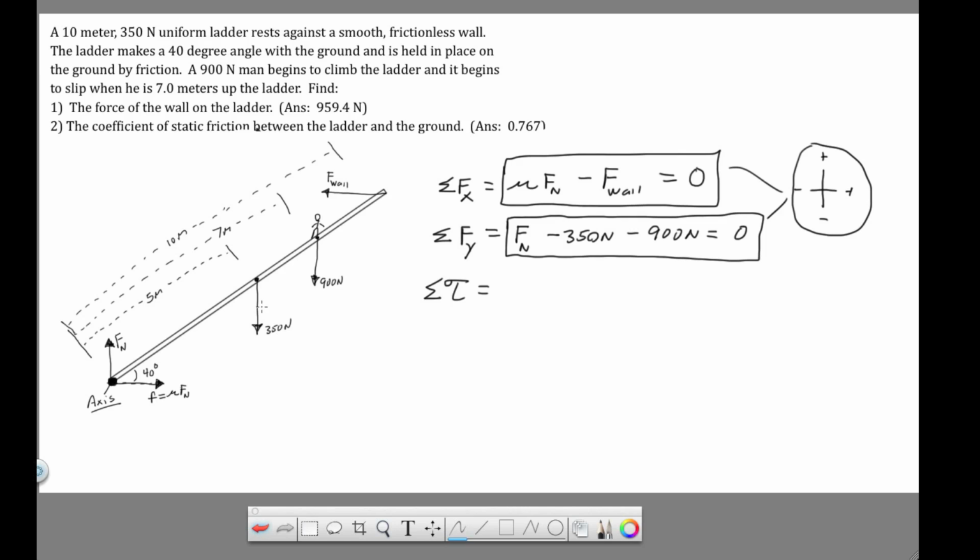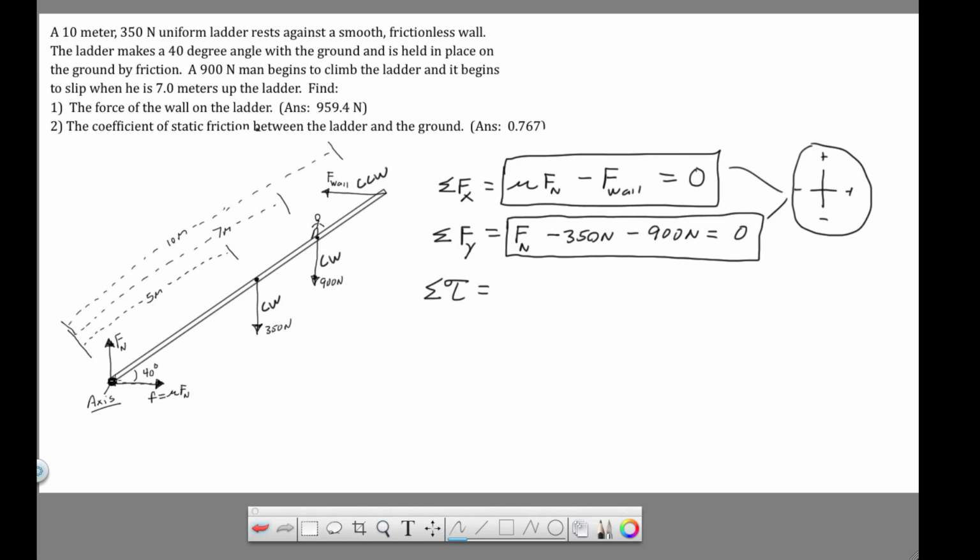So this 350 Newton force here is pulling the ladder down. If this is our axis over here, this would be clockwise. That's CW. Same thing for the weight of the guy. This is trying to rotate the ladder clockwise. And then up here, the force of the wall is acting on the ladder in a counterclockwise fashion because it's pulling to the left.